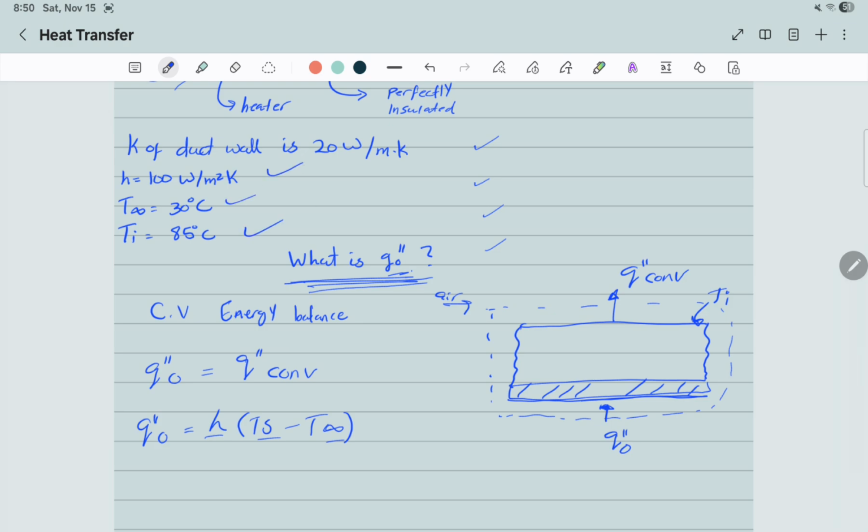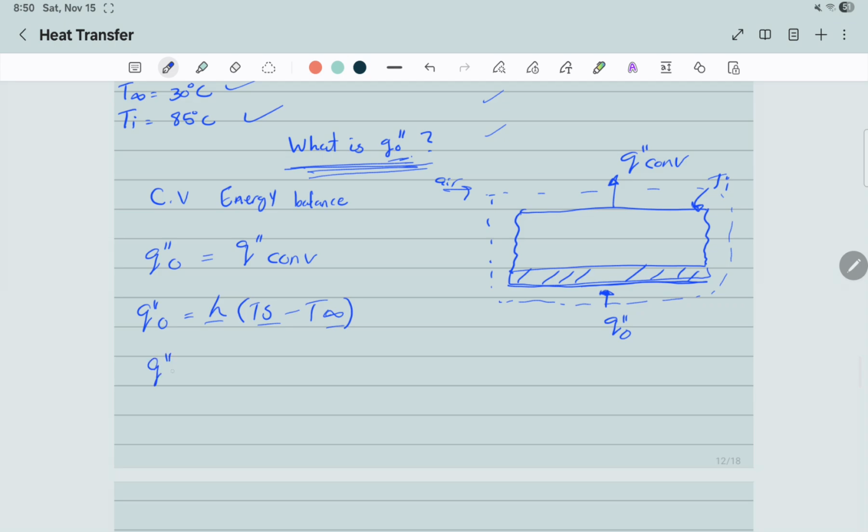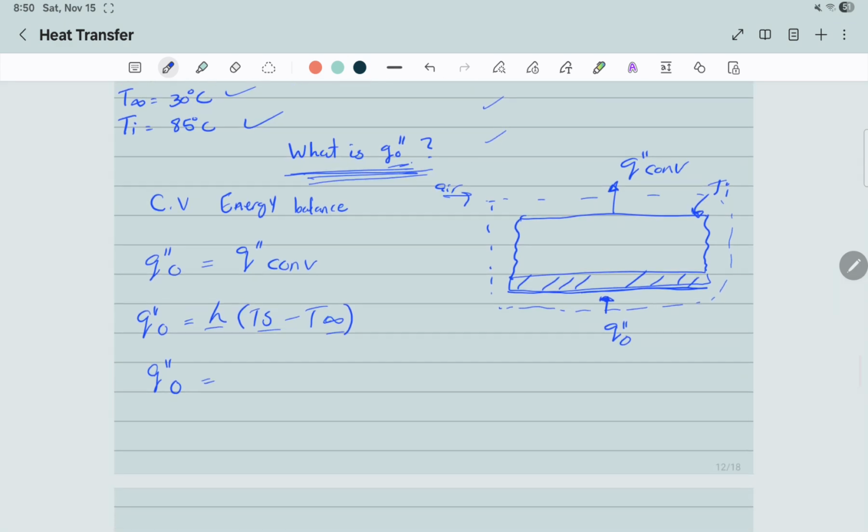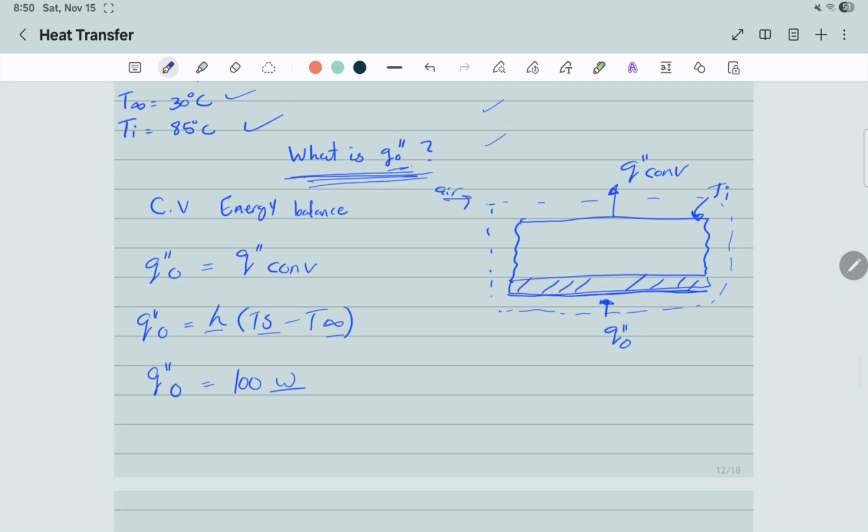T∞, therefore the initial heat flux equals 100 watts per meter squared Kelvin times 85, as I said, this is our Ti, the temperature of the surface on the top of the duct, which is 85 Celsius, minus 30 Celsius.